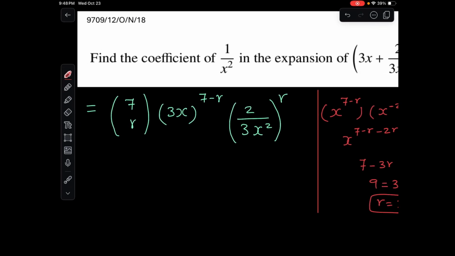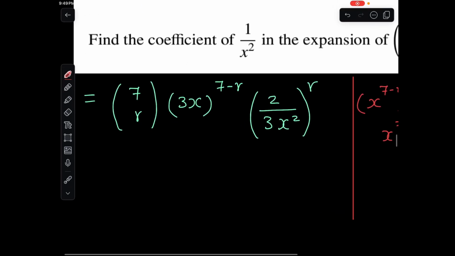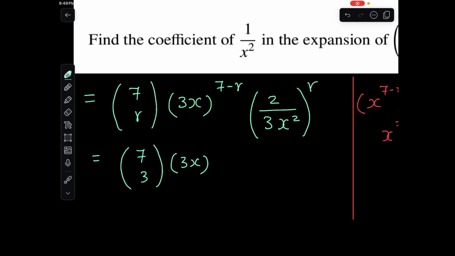Come back here and substitute the value of r as 3. So you get 7c3, (3x)^4, (2 over 3x squared) to the power of 3. Use your calculators to work out what is 7c3.